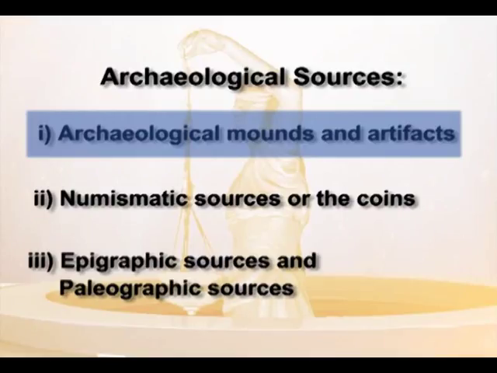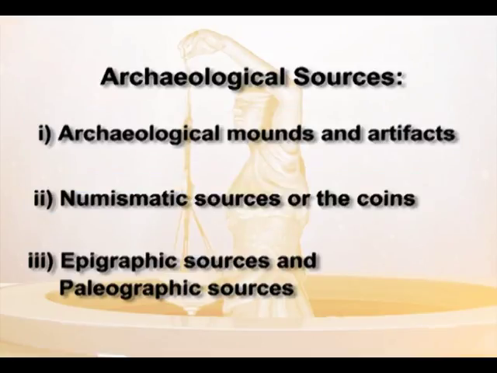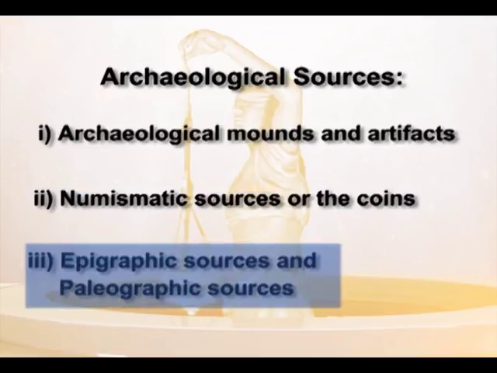Now, archaeological sources consist of principally three kinds. One is the archaeological mounds and the artifacts. Second is the numismatic sources, and third is the epigraphic sources along with the paleographic sources. By archaeological mounds and artifacts, we mean the different kinds of things that were used by the ancient people.